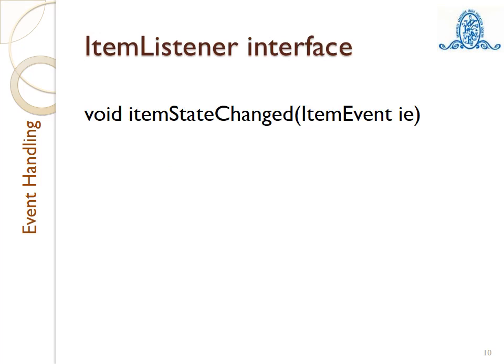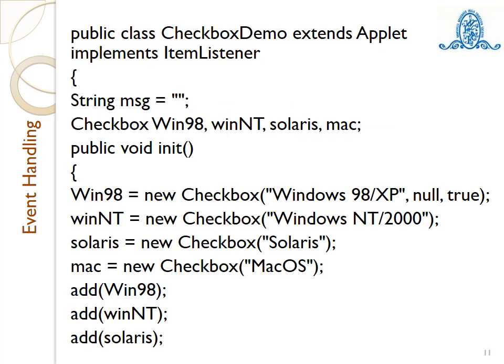Now for this ItemEvent class, the listener is the ItemListener interface, and this listener defines only one method, which is void itemStateChanged(ItemEvent ie). Now let us see an example of this ItemEvent class.